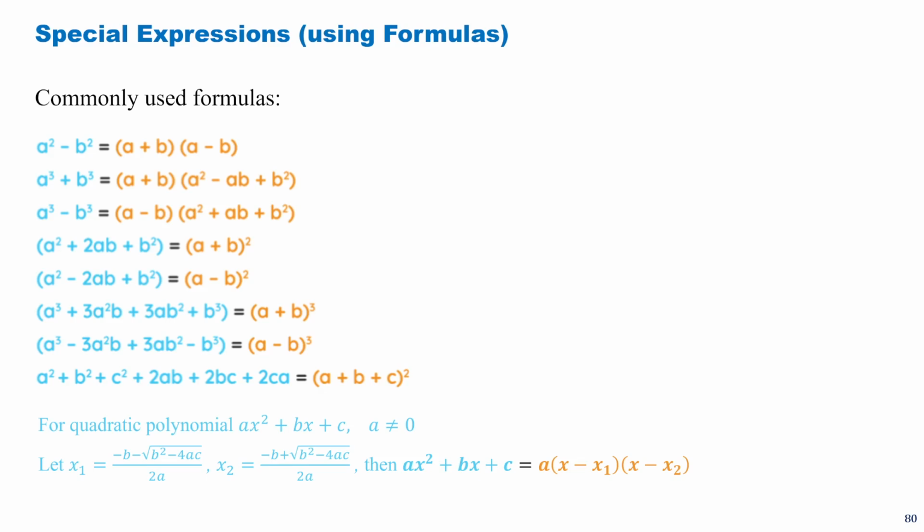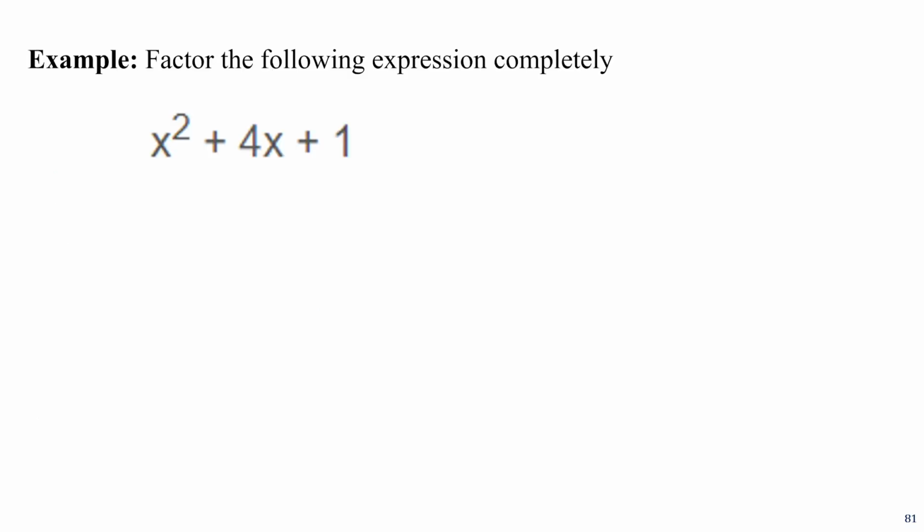Okay. Now let's have a look at example here. Can you factor the following expression completely? Any ideas? Okay, let's have a look at the solution together. So basically there are different methods we can use to factorize that. The first one is we can use the formulas.